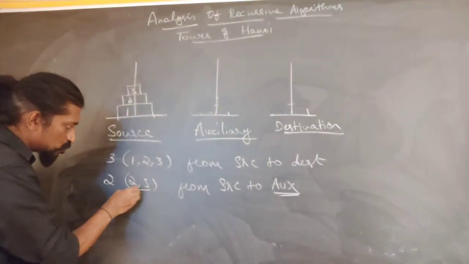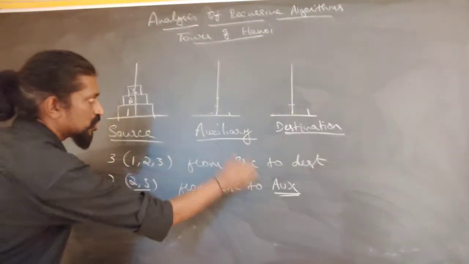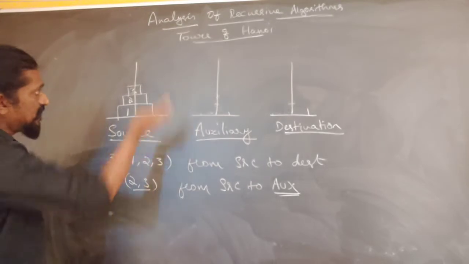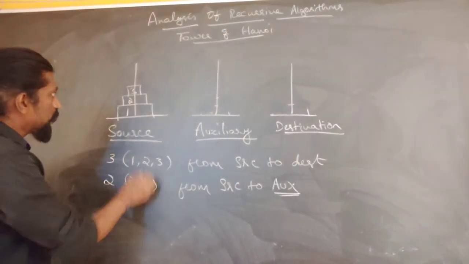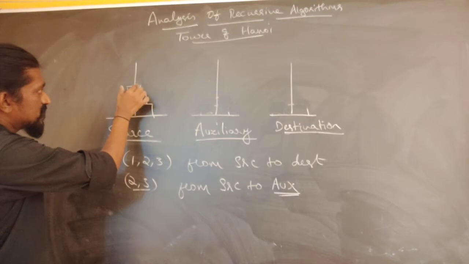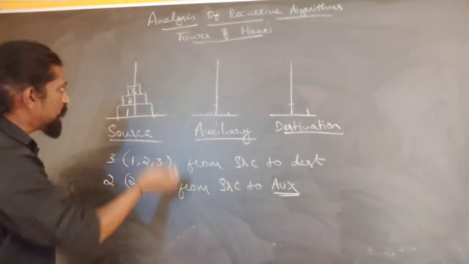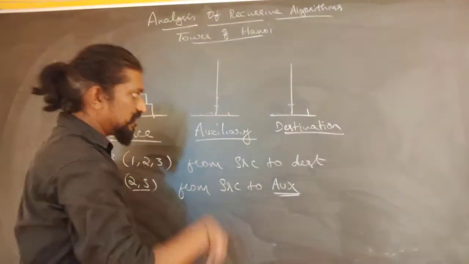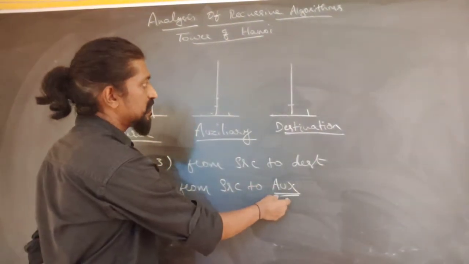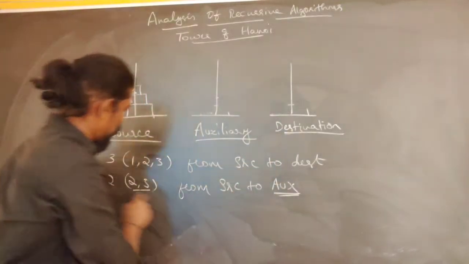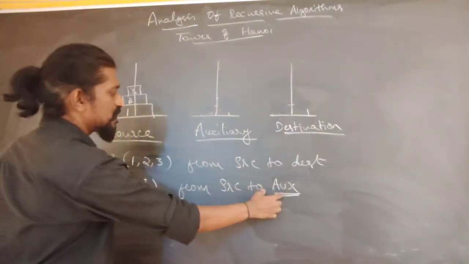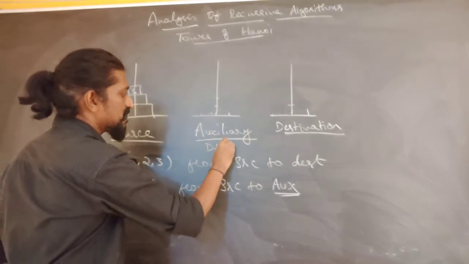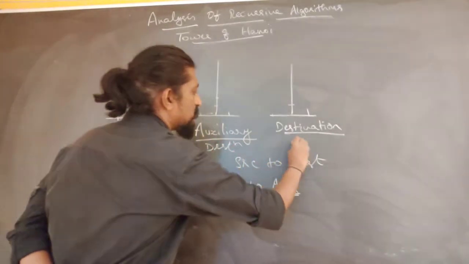Now to move these 2 discs from the source to the auxiliary, it once again requires us to do it in a recursive fashion. Similarly, the topmost disc, that is disc 3, has to be moved from the source to the current auxiliary, which is nothing but the destination. Because when we have to move two discs from source to destination, the auxiliary has become the destination and this is our auxiliary.